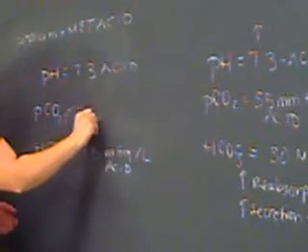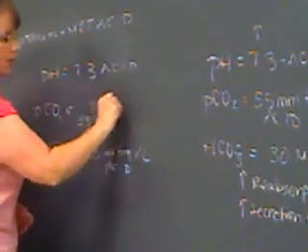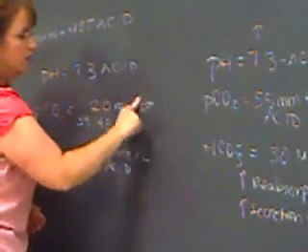137. PCO2 normally is 35 to 45. So let's say that you've got a PCO2 right now that is 20. Okay. So is there any compensation right now?